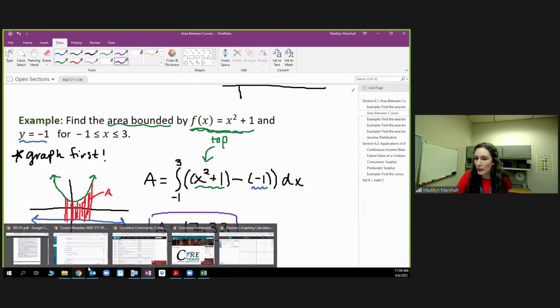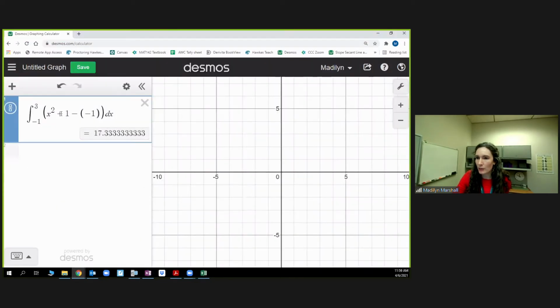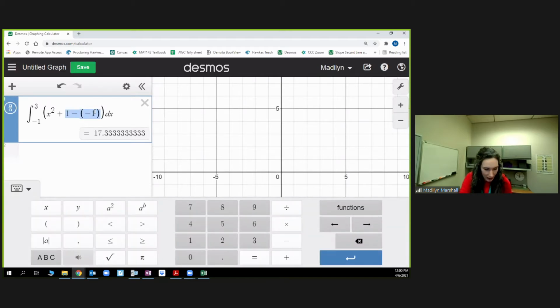So I just want to bring up Desmos one more time to note, it would be fine to simplify this inside first before plugging it in here. So the -1 would be a +1. So combining like terms, this would actually end up being a +2, and it doesn't affect our integral.